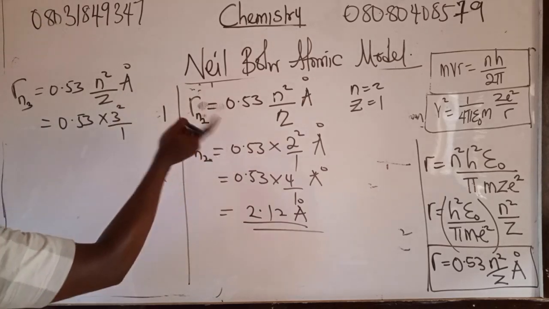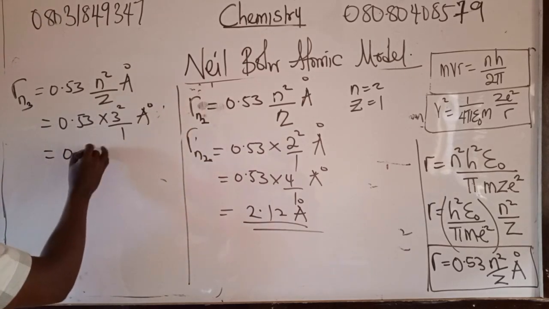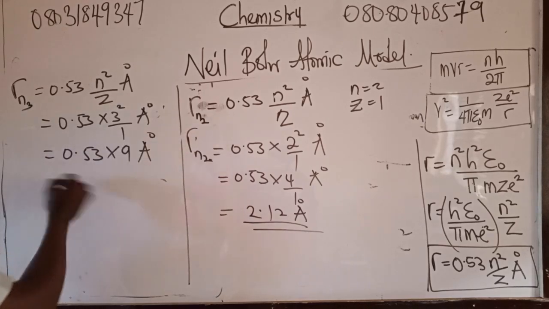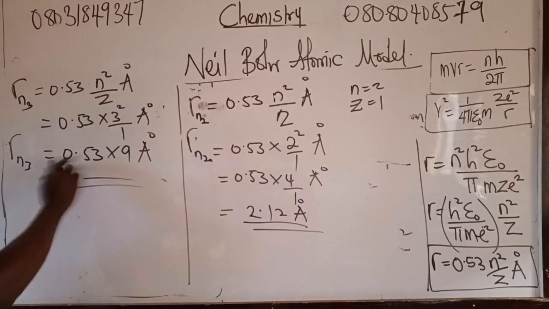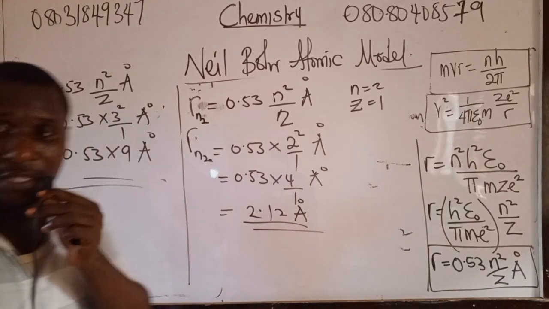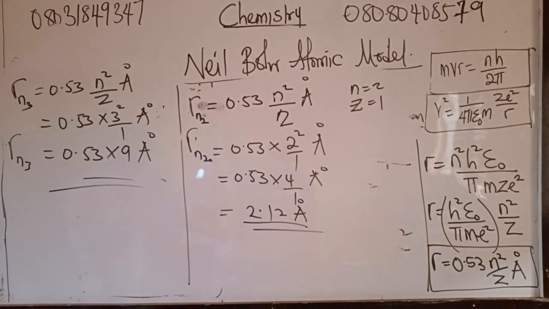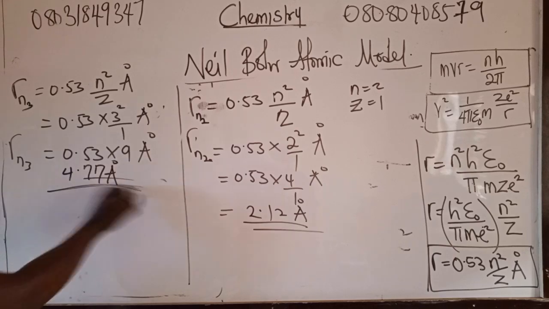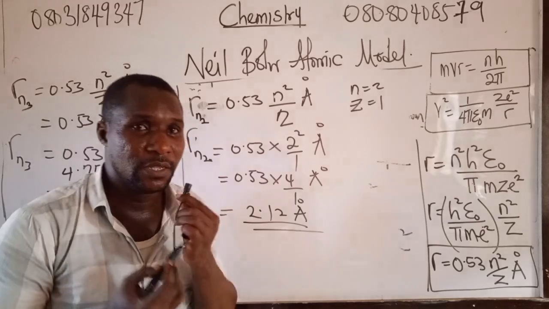Z is still 1. We have 0.53 times 9 Angstrom. If you punch your calculator, we have 4.77 Angstrom for the radius of the third shell. Please take note of that.